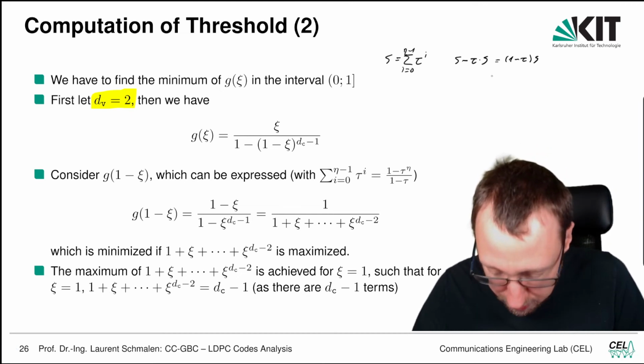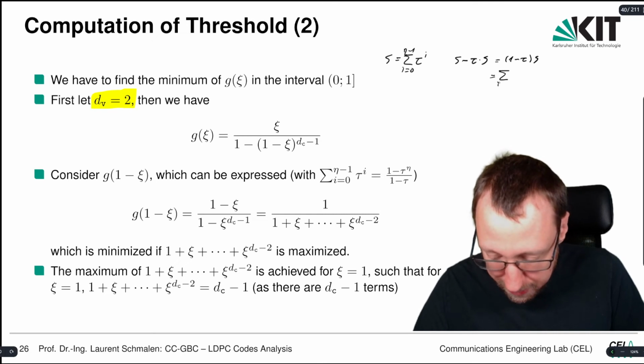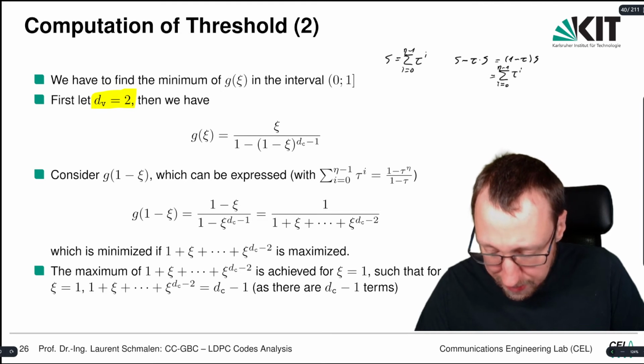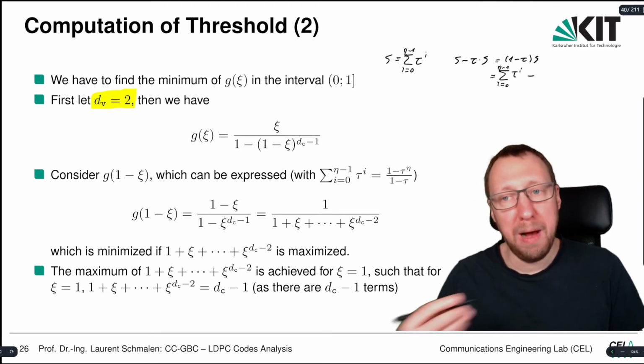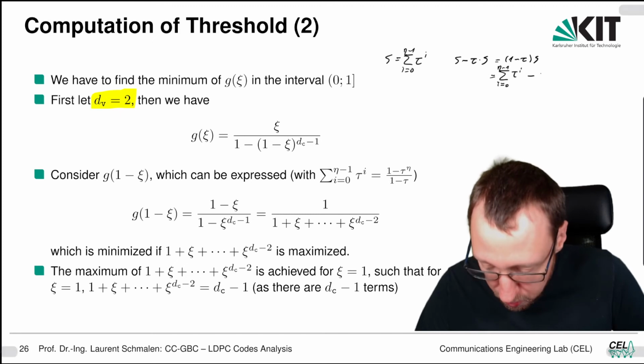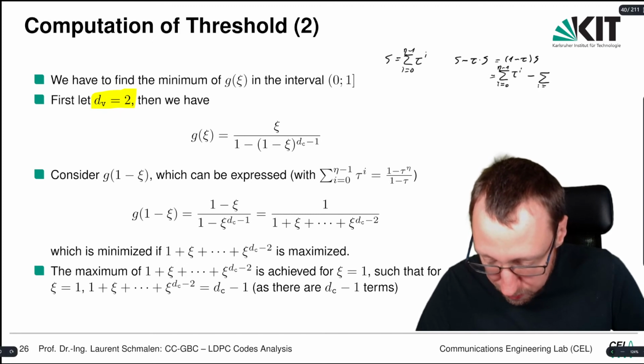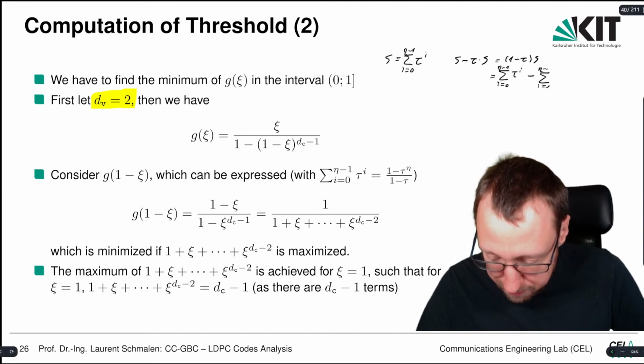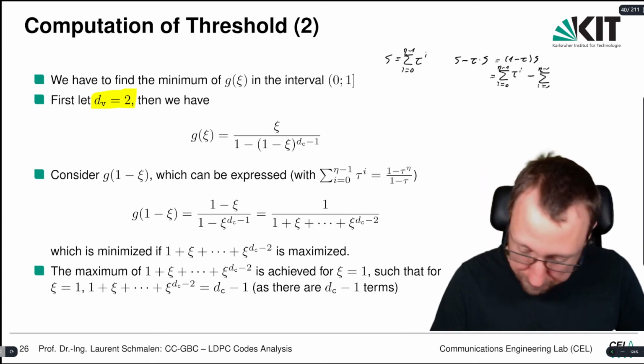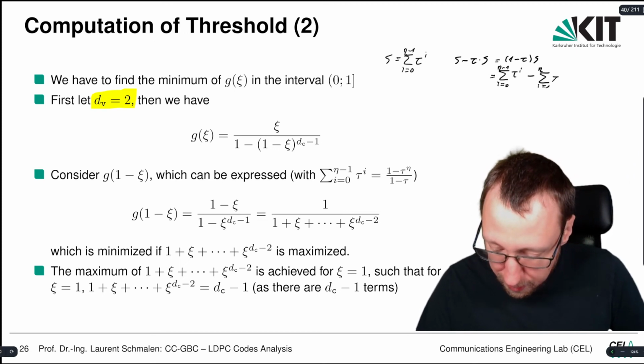And this is equal to the sum from I equals 0 to eta minus 1 of tau to the power I, minus, now we multiply everything by tau, which is the sum from I equals 1 to eta of tau to the power I.